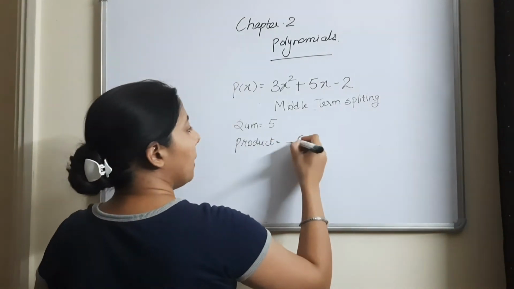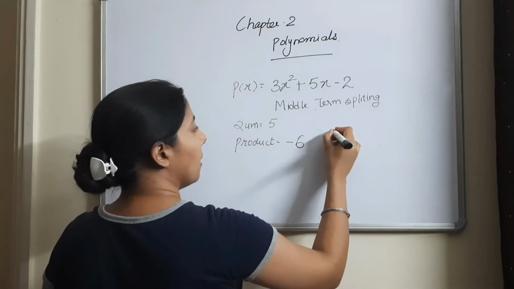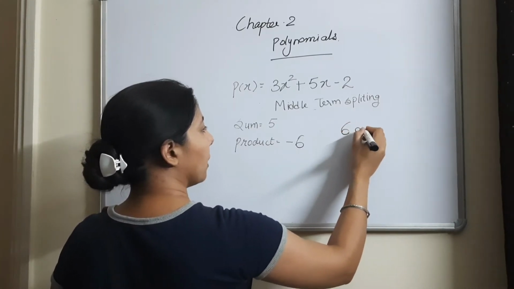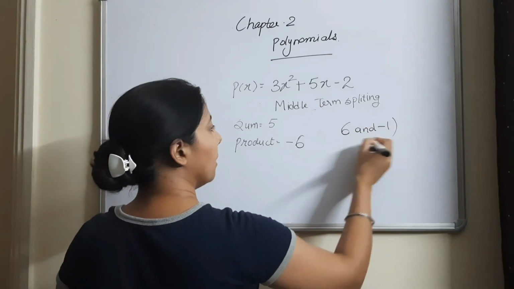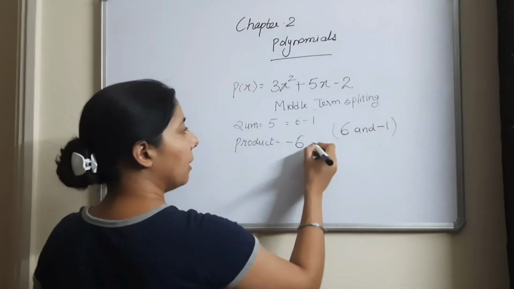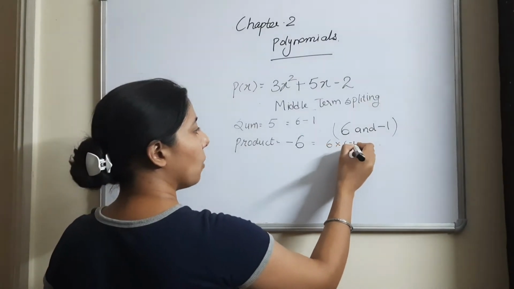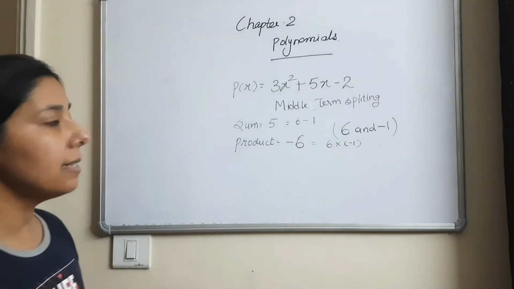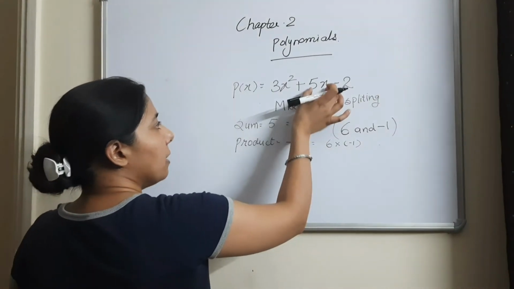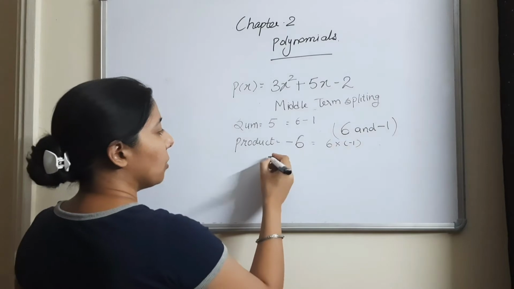So the terms will be 6 and minus 1. Fine. Because 6 minus 1 is 5 and 6 multiplied by minus 1 is minus 6. Now the next thing, you will split this 5 in terms of 6 and minus 1 this way.